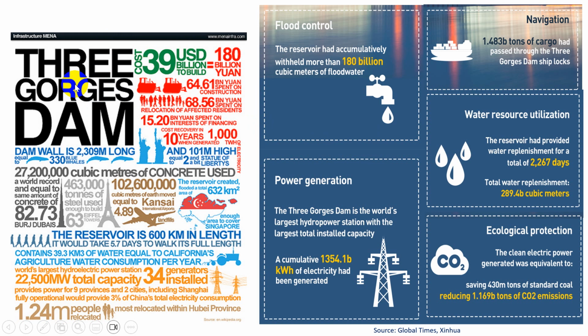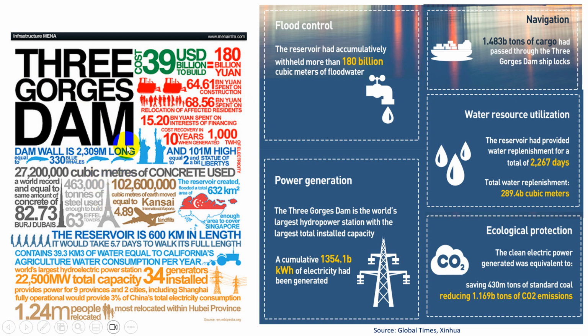This poster shows information and data about the Three Gorges Dam. The cost is 39 billion US dollars to build the dam, for construction, relocation, and others. The longest is 2 kilometers.